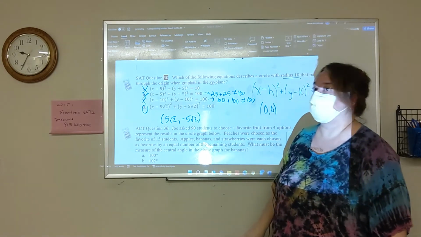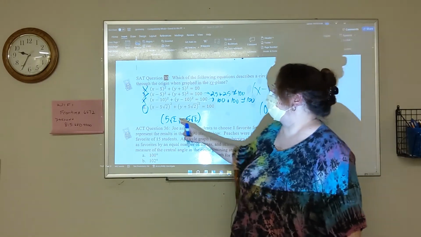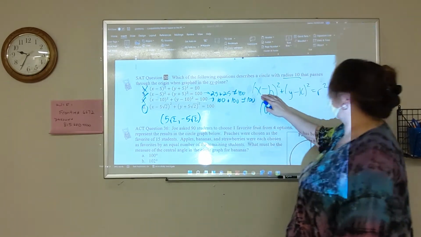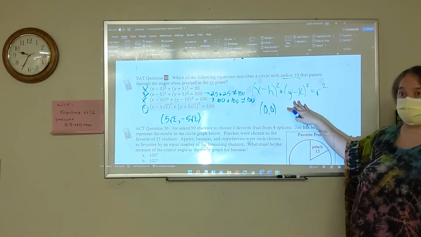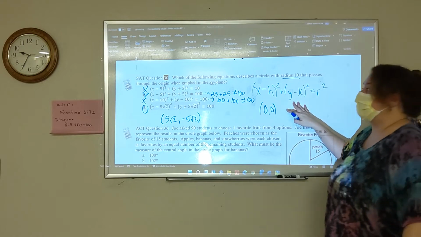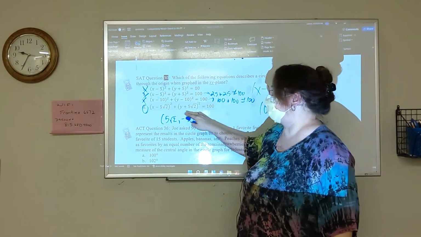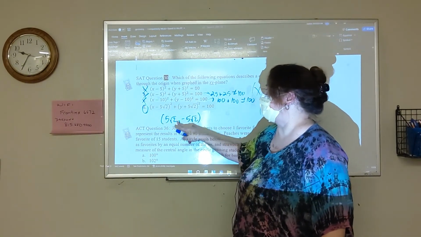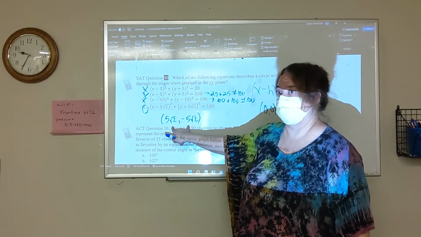Okay? So, if it says in your formula that x minus h times y minus k gives you the center h and k, then when you actually look at an equation they give you, you change the signs on both of these in order to get your coordinates of your center.